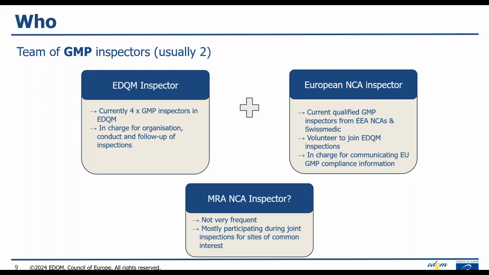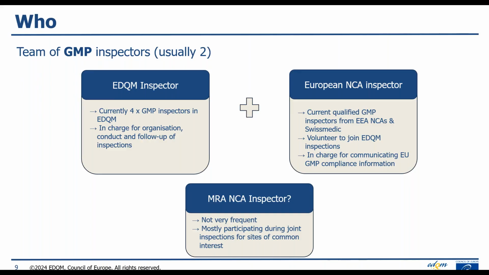So as well as performing the inspection and being part of the inspection team, it would be the responsibility of the NCA inspector to publish the EU GMP compliance information on EudraGMDP at the closure of the inspection procedure. So in other words, this would mean publication of a GMP certificate or a non-compliance report, depending on the outcome of the inspection.